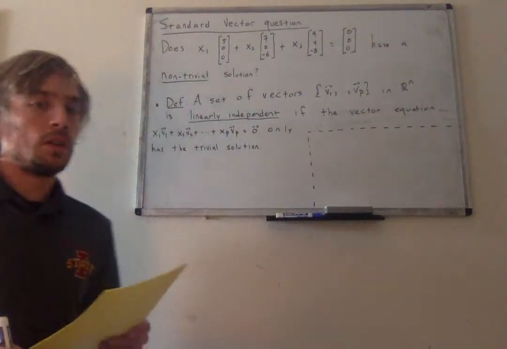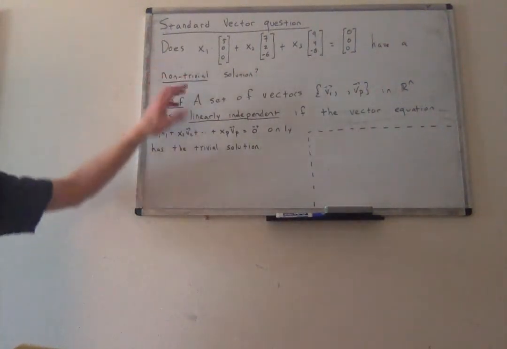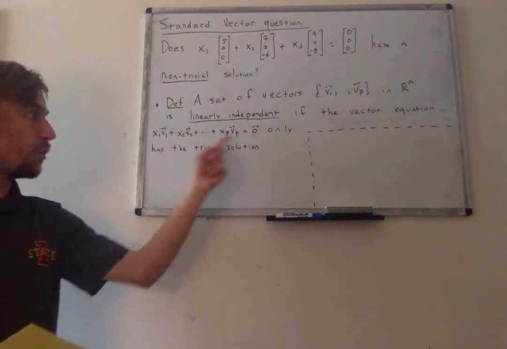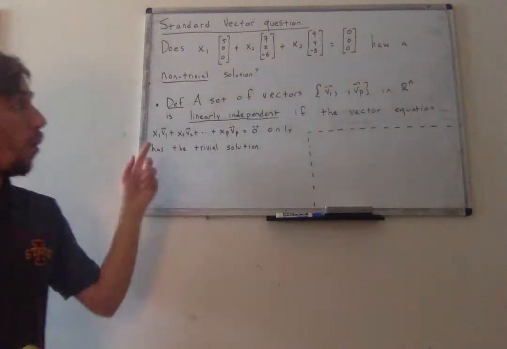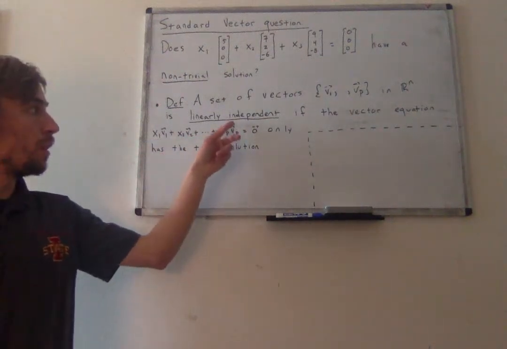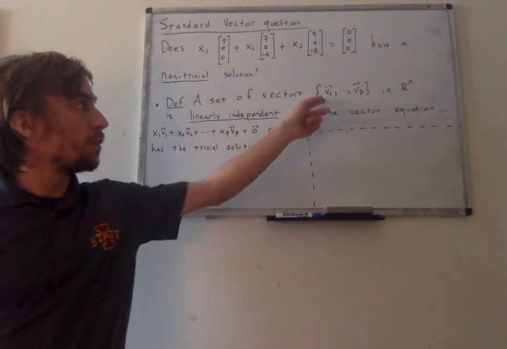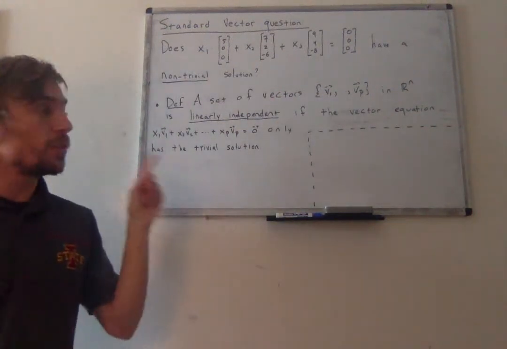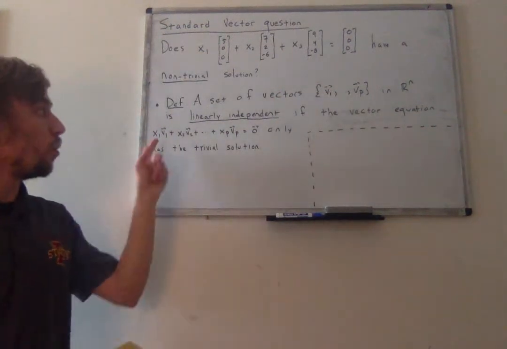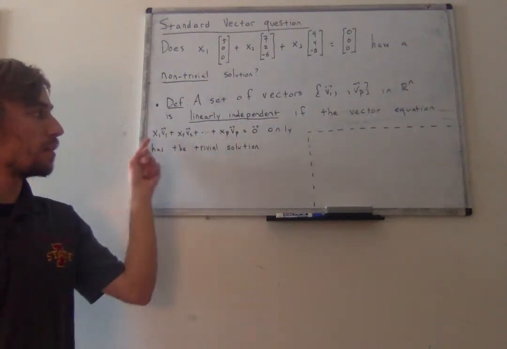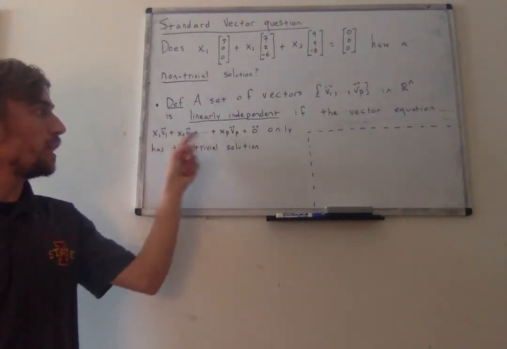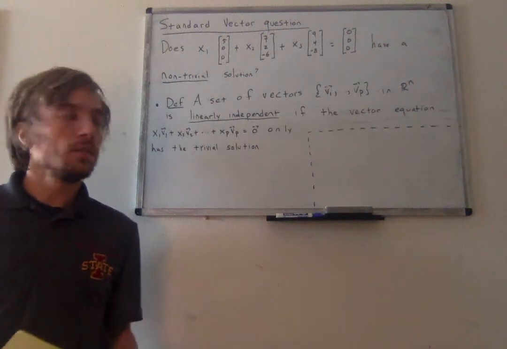All right, so if this equation, or the more general version of this equation where I have p vectors in Rn, only has the trivial solution, then we say that the p vectors, v1 through vp, are linearly independent. That is, the only set of variables that will make this equation true is if each one of these x terms is equal to 0.